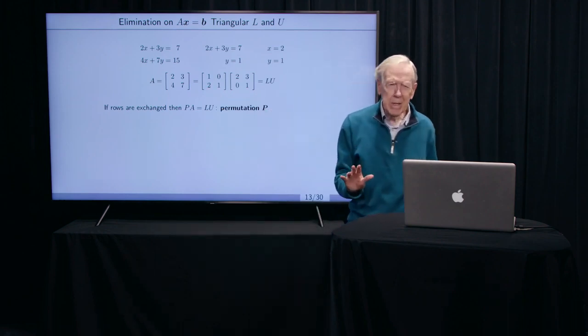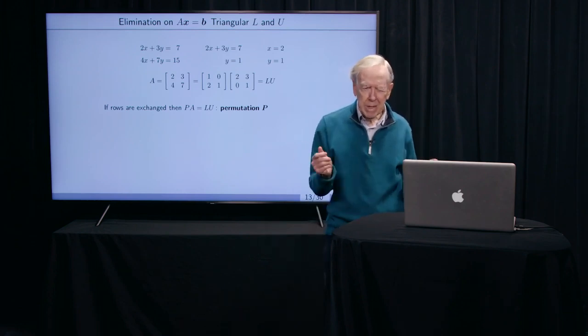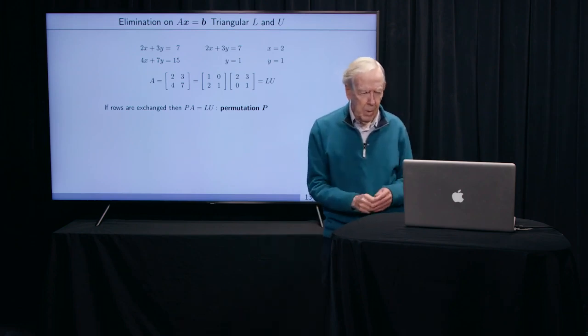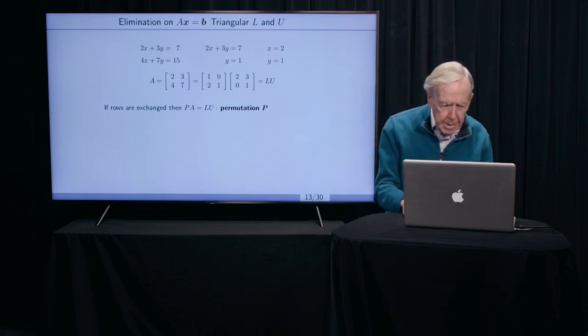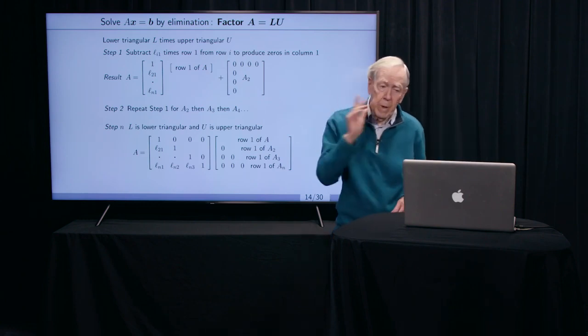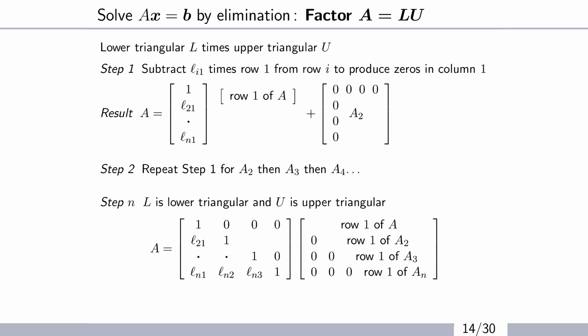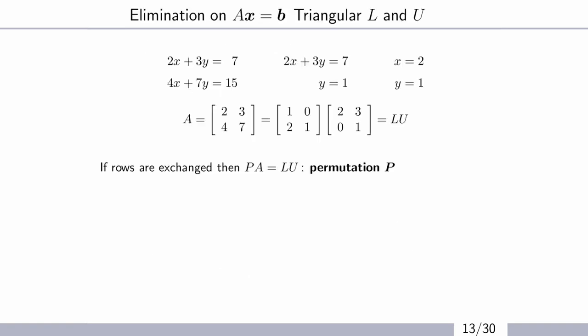You really want to express everything in the end as multiplying a couple of matrices. Then you know exactly where you are. So that's the idea of elimination. And now we only were doing a 2 by 2 matrix. You remember our little matrix was pathetic, 2, 3, 4, 7. That was our matrix A.